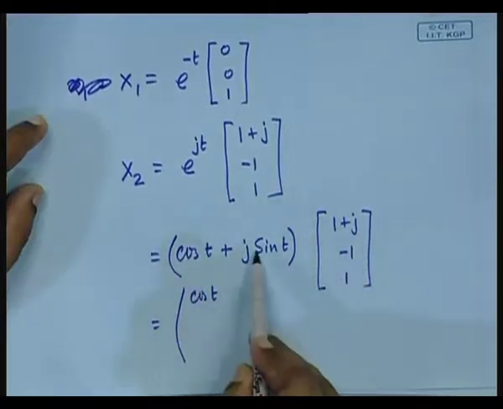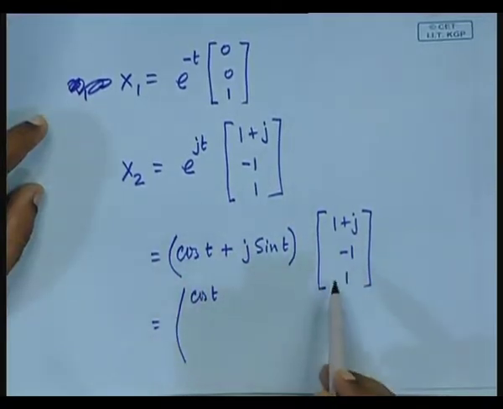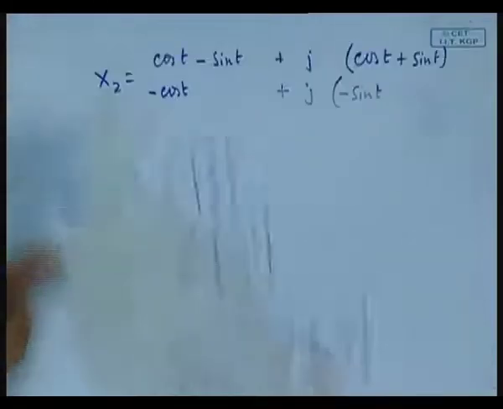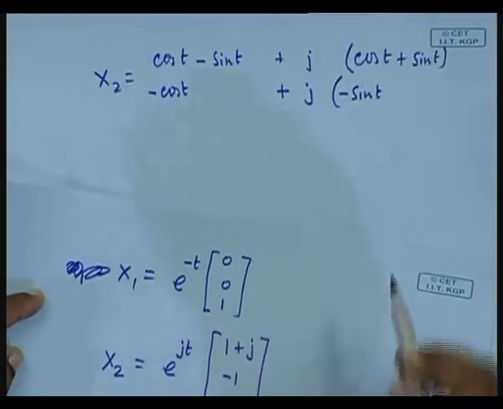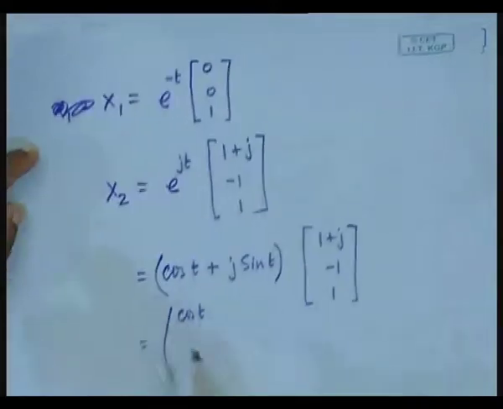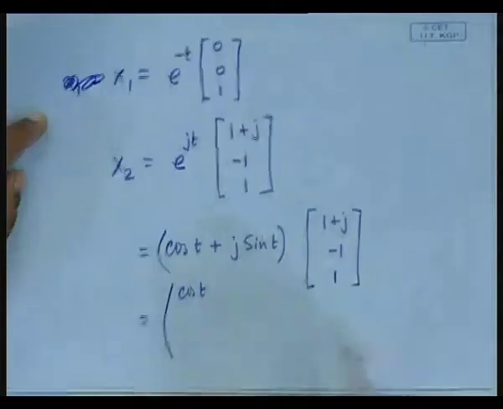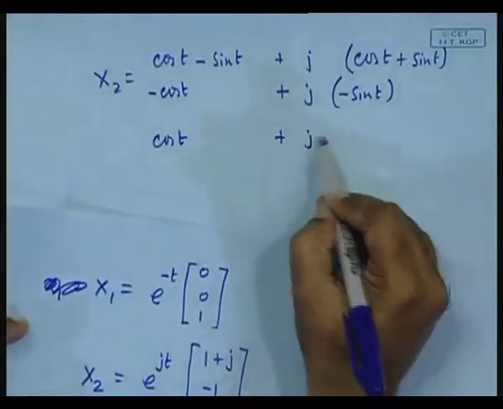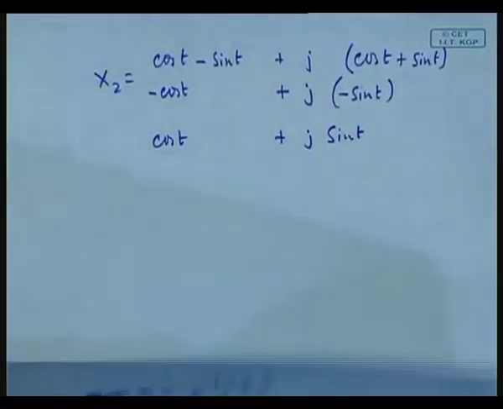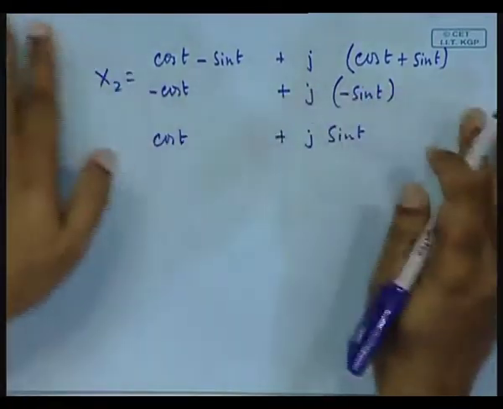Then I have to talk about the third one, which is cos t plus j sin t. Fine. Now, we separate them out.